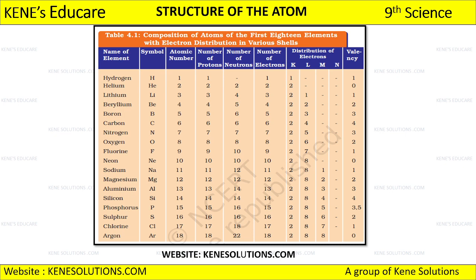I hope everyone is going through it. We also have the number of protons, neutrons, and electrons given, and how they have been distributed in the K shell, L shell, M and N shell, and the valency of it has been given.